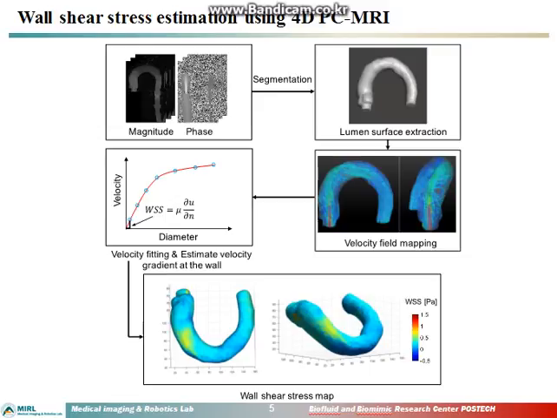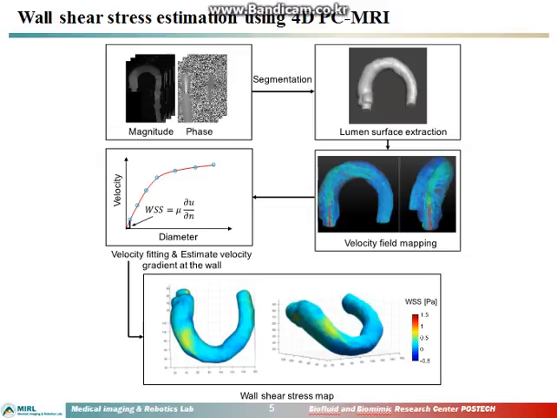The first step for wall shear stress estimation is to obtain a smooth spline contour or surface of the lumen from the magnitude, phase, or mask images so that the wall location and normal displacement vector can be estimated from the lumen contour or surface.